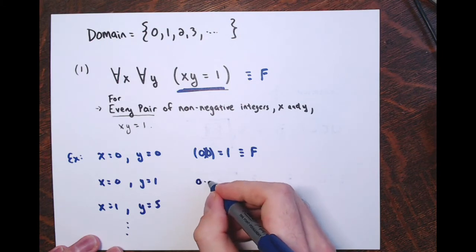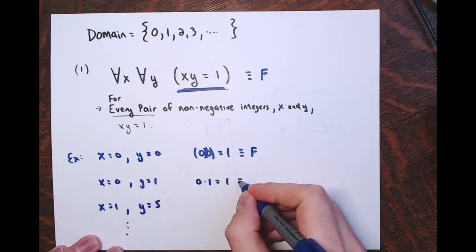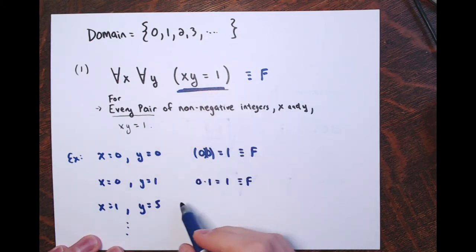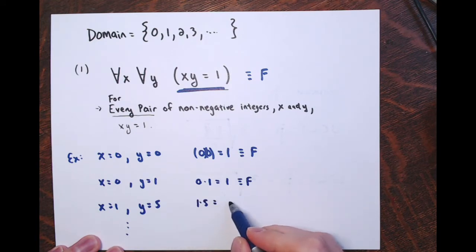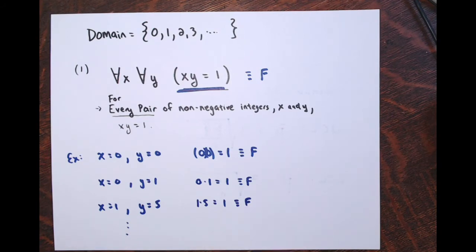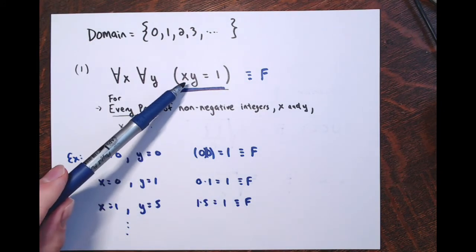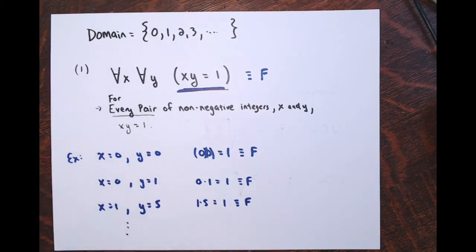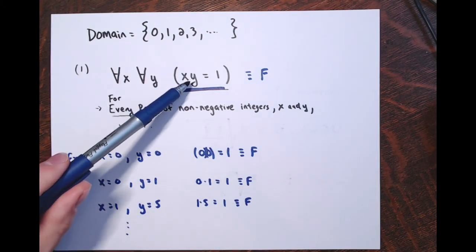And you're seeing that for a lot of these, the statement is false, right? 1 times 5 equals 1, that's false. 0 times 1 equals 1, that's false. In fact, there's only one pair of non-negative integers that makes this true, where x is 1 and y is 1.